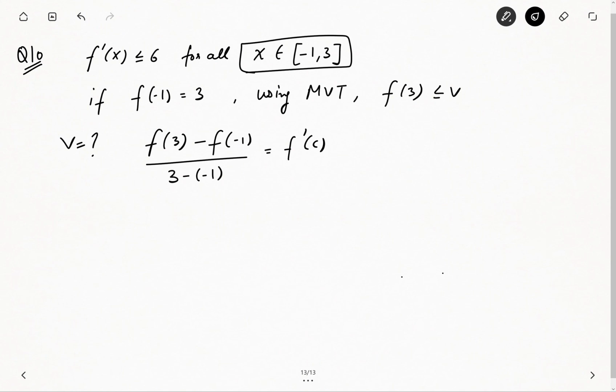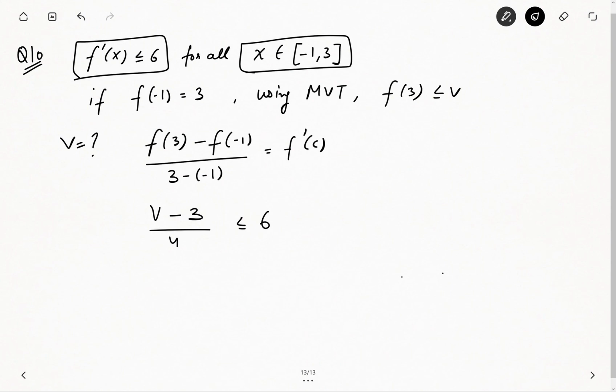If f(3) cannot exceed v, then the derivative cannot exceed the value 6 as we got in this condition. So if you replace all of them, you get (v - 3) / 4, since f(-1) is 3, must be less than or equal to the max possible value of the derivative, which is 6.